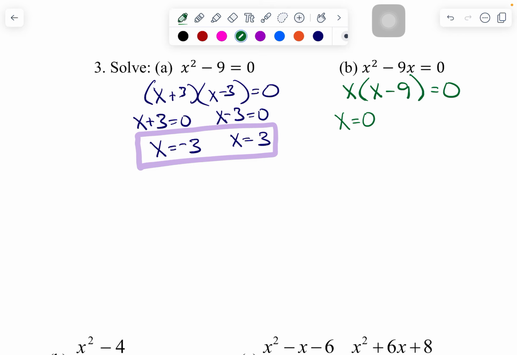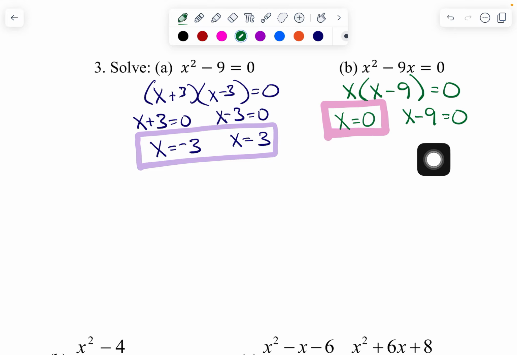It's called your GCF. F in GCF stands for greatest common factor. So yeah, you're going to take that and set it equal to 0. All right, which means that, well, x equals 0 is one of your answers. Your other answer is going to come from solving this little equation. So adding 9 to both sides, you're going to get x equals 9.